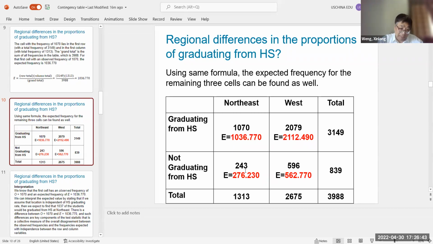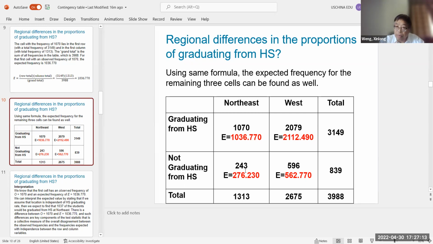Some of you say, hey, maybe we made the wrong calculation, or our calculator battery was dead or something. Everything is fine. We followed the right formula and the right procedure. So why is there such a difference?